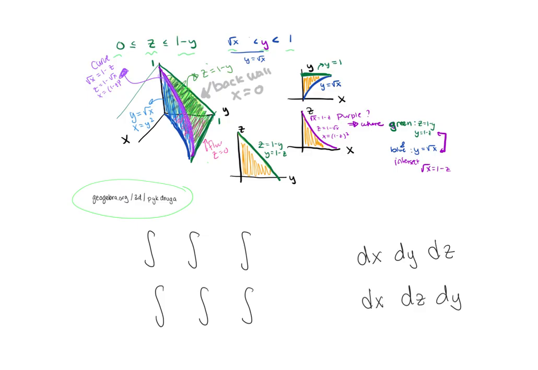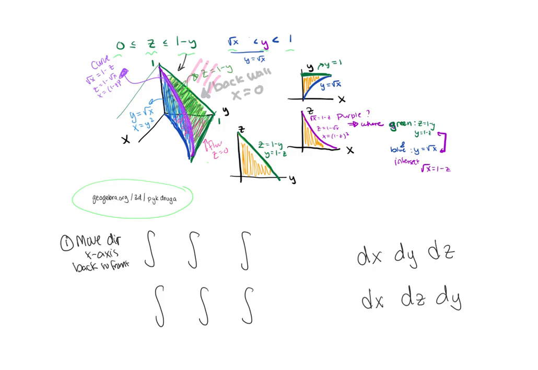So I'm moving in the direction of the x-axis, back to front. And so when I'm moving back to front in the direction of that x-axis, I'm going this way.